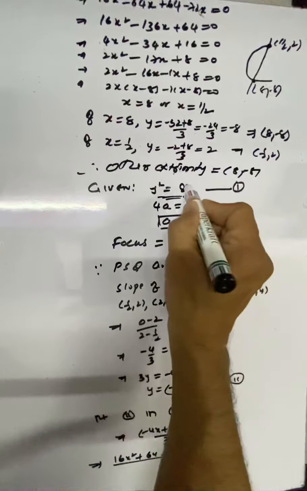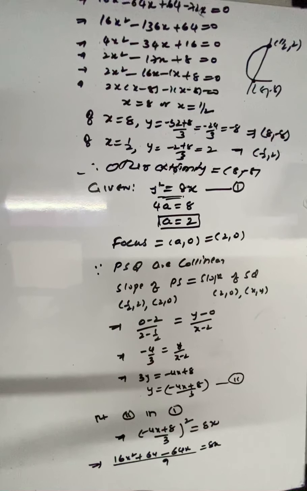Now once again you can check this one. We have to find two extremities, one extremity is what they have mentioned to us in the question. If 1 by 2 comma 2 is one extremity of a focal chord of the parabola, then find the other extremity. So what we have to do?